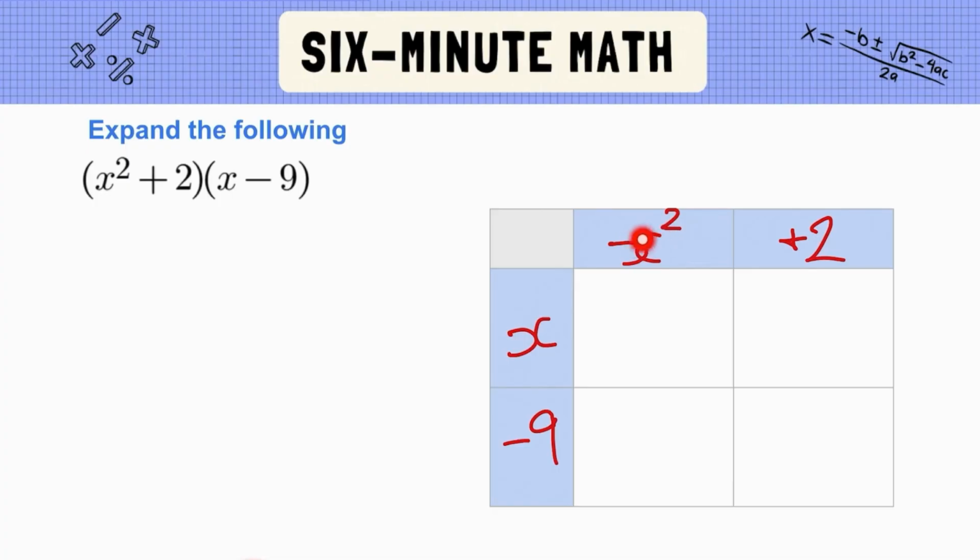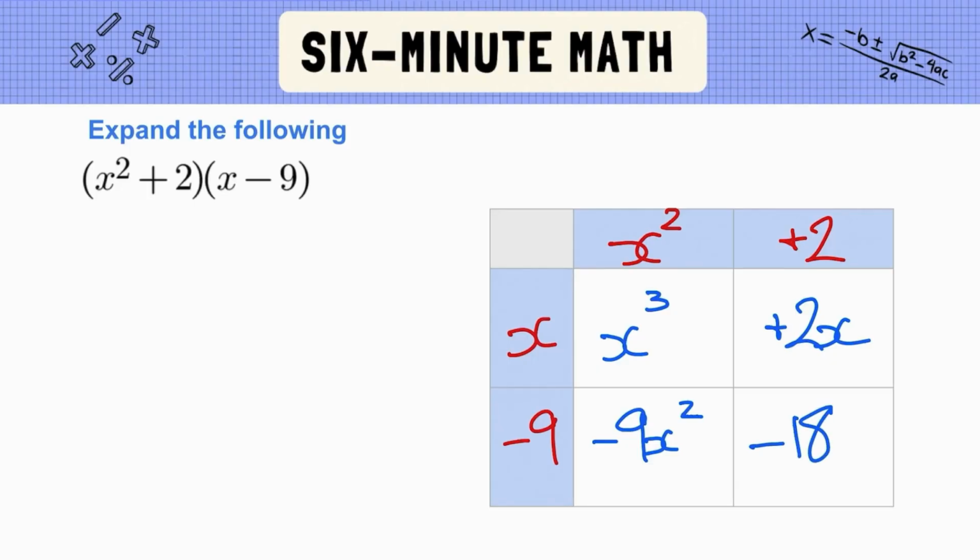X times x squared is x cubed, and x times 2 is 2x. Negative 9 times x squared is negative 9x squared. And negative 9 times positive 2 is negative 18.